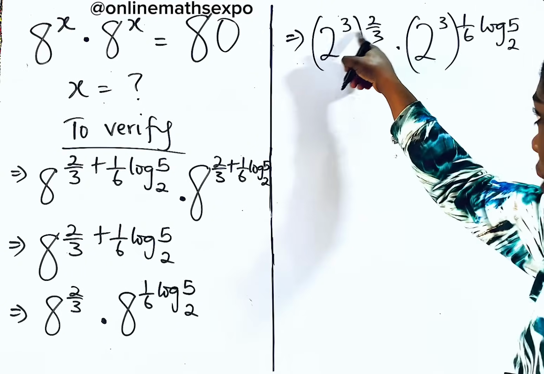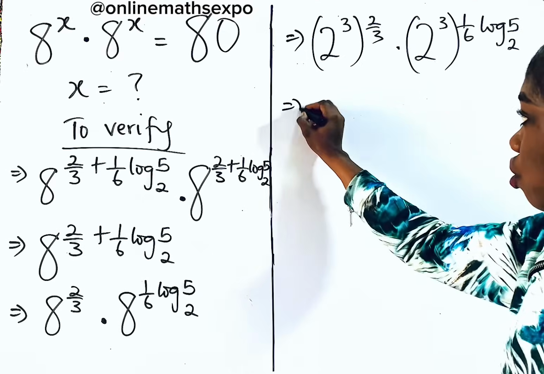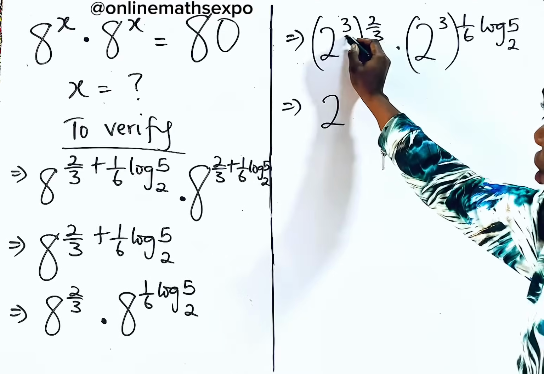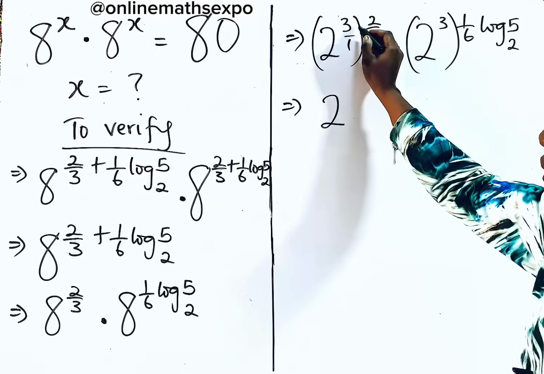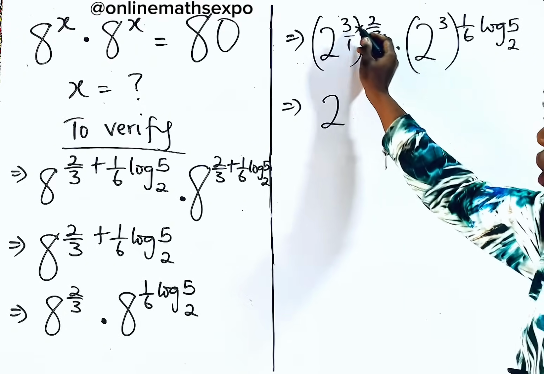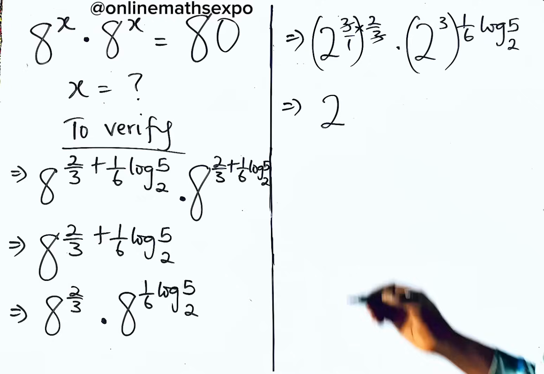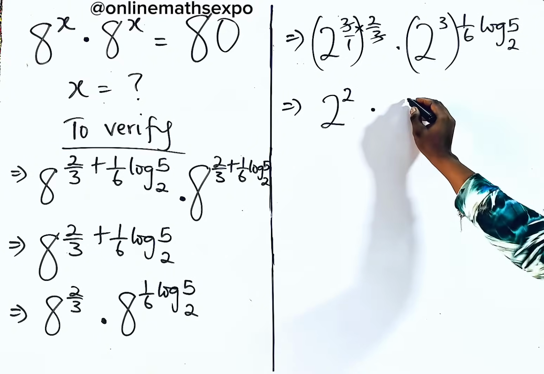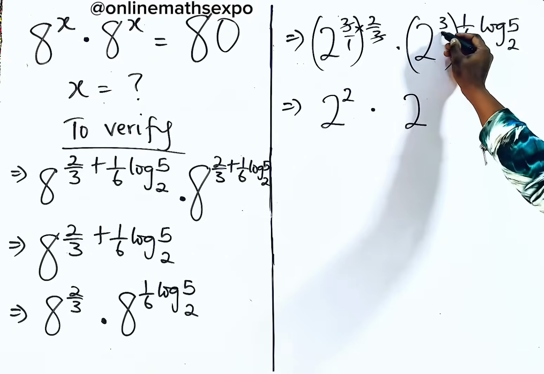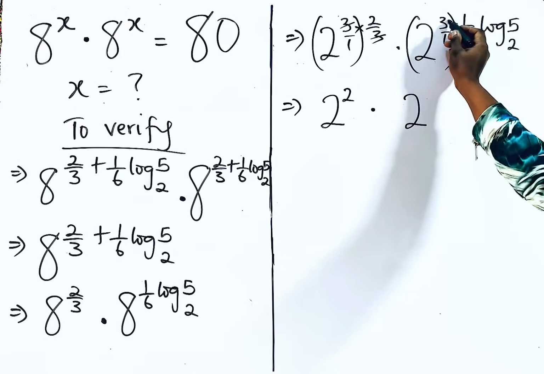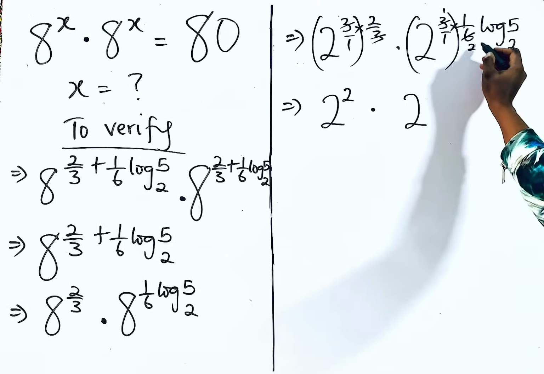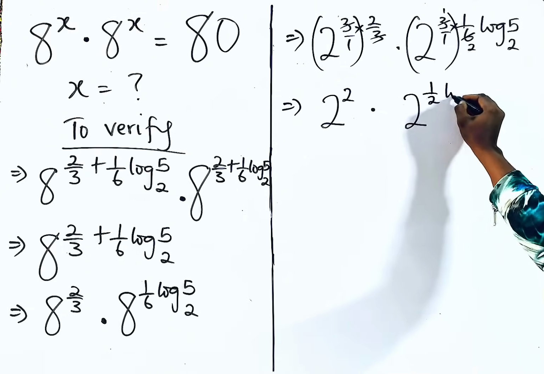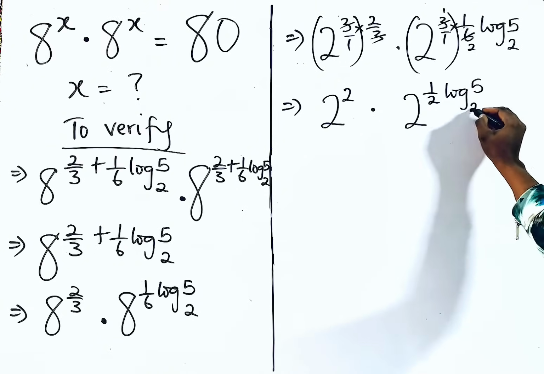So you know the powers we multiply is going to give us 2 to the power, this is 3 on 1. So when you multiply, this will go off, okay? So we have 2 divided by 1 is 2. So we have 2 squared multiplied by, this will give us 2 over 1, so this will go here, 1. This is 2. So we are going to have half of log of 5 base 2.